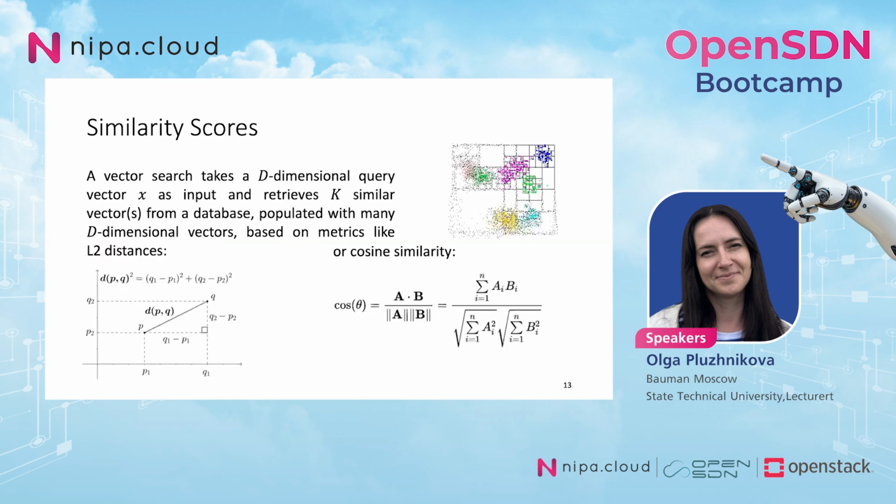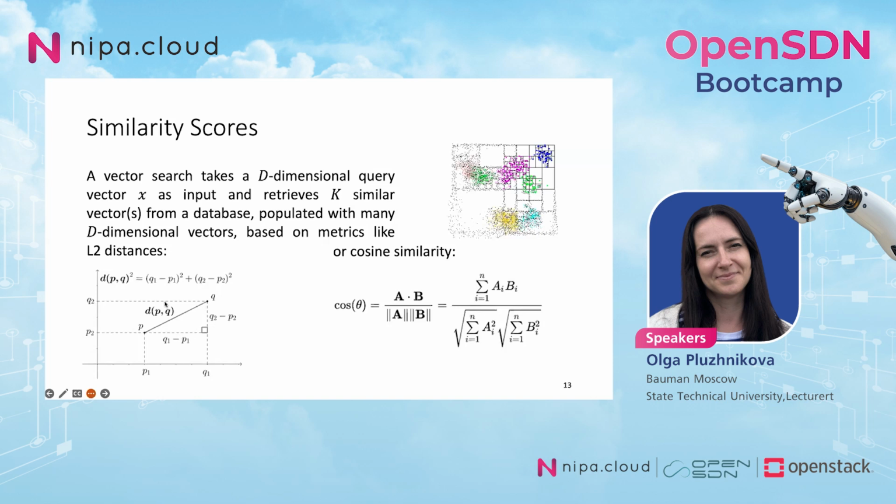So first, we have to understand distance between vectors, and there we can use popular similarity scores like Euclidean distance or cosine similarity. These are the most popular similarity scores, but to achieve different goals another distance can be used, such as Minkowski, Mahalanobis, Hamming, and so on.